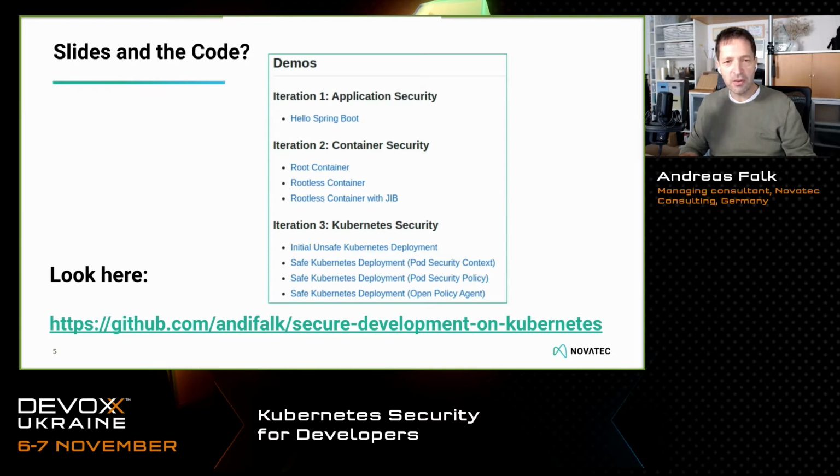We have demos for all the iterations: application security with a simple application, container security, and also Kubernetes security. We won't have a demo for the Kubernetes secrets part. I did not have time to prepare that, and we won't have time for all the demos anyway. 2 hours are not that long. We would need half a day if we also wanted to cover secrets in practice.